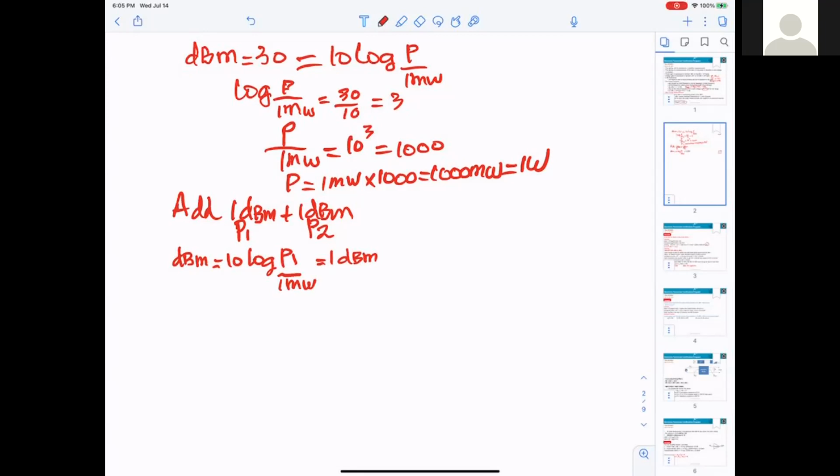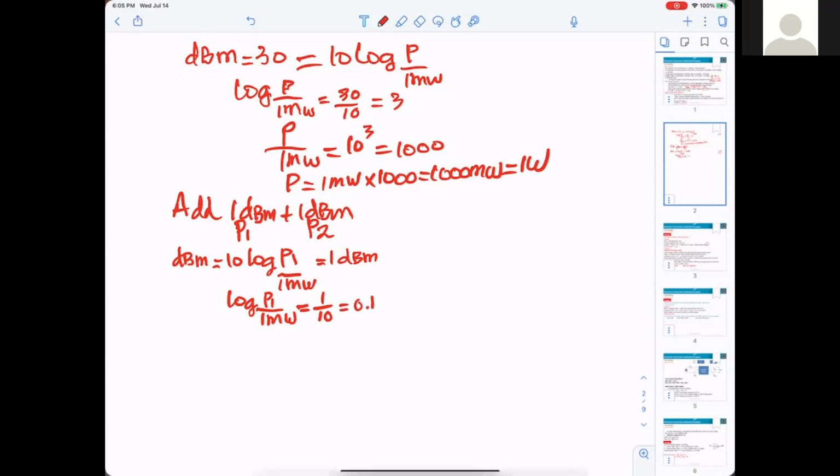Now we get the log of P1 over 1 milliwatt equals 1 divided by 10, which is 0.1, right?